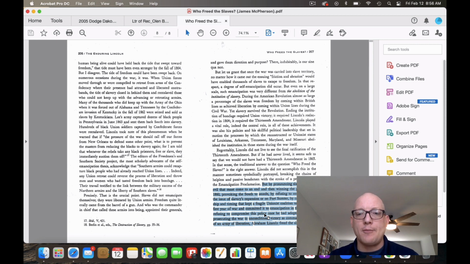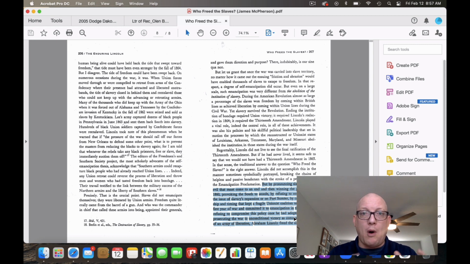By refusing to compromise this policy once he adopted it, once he decided he was going to issue the Emancipation Proclamation, he decided in July of 1862, he waited until January 1863 and used it as an ultimatum essentially.